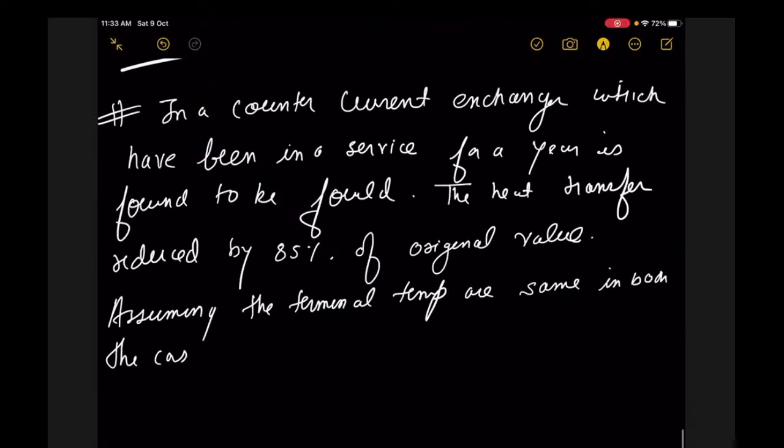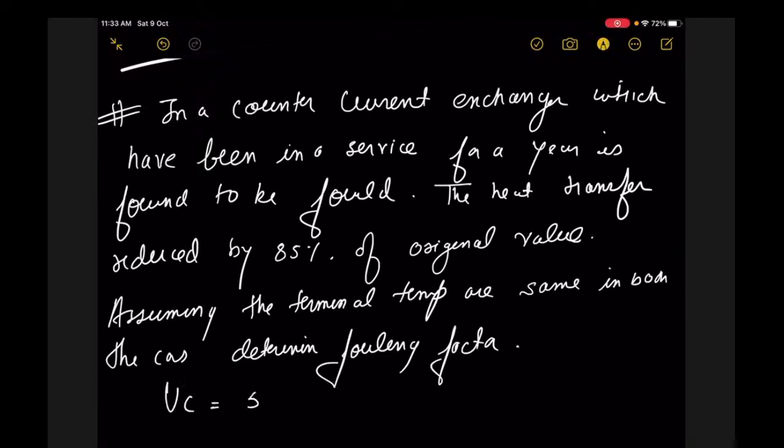Determine the fouling factor. U clean equals 500 watt per meter square degree Kelvin.